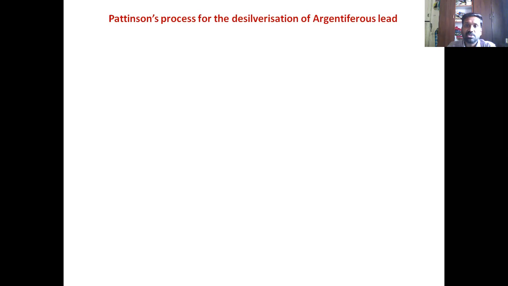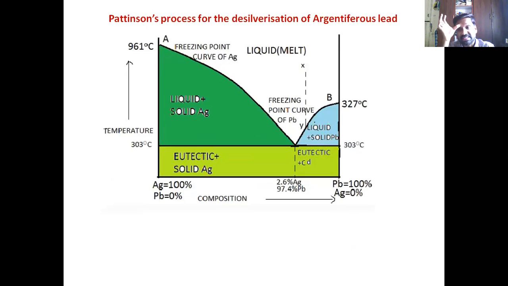But in the Pattinson process of desilverization, we use the phase diagram, not the solvent extraction. So now, what is the point here? For example, you can have a lead ore which has a trace amount of silver. You melt that.